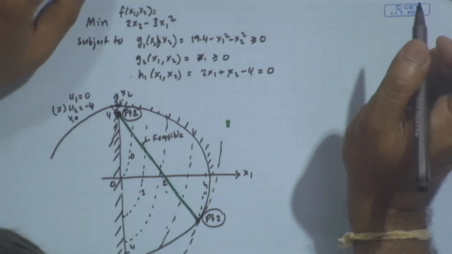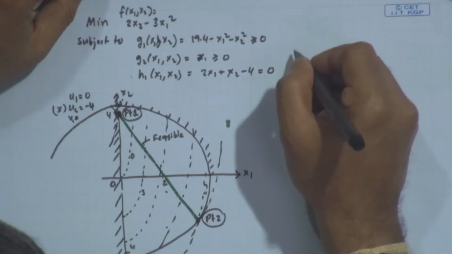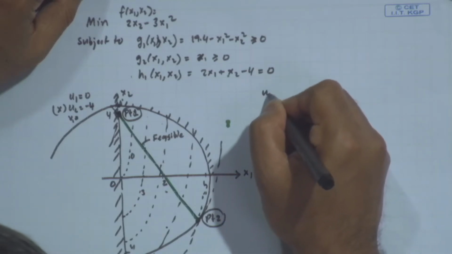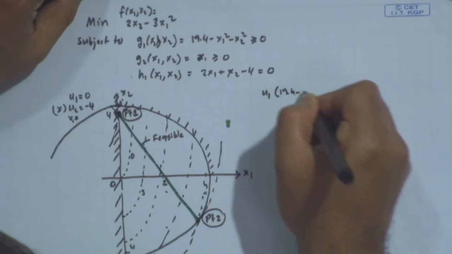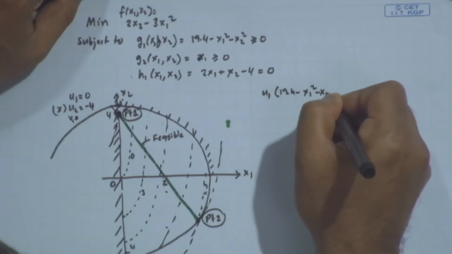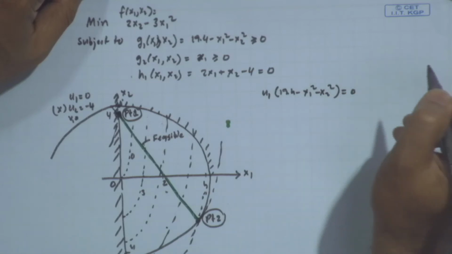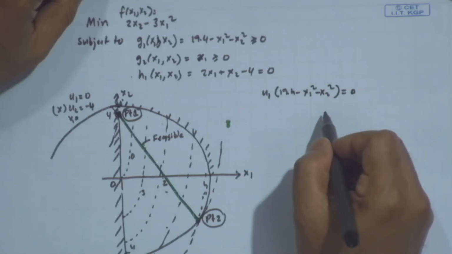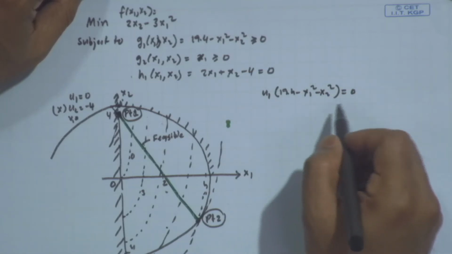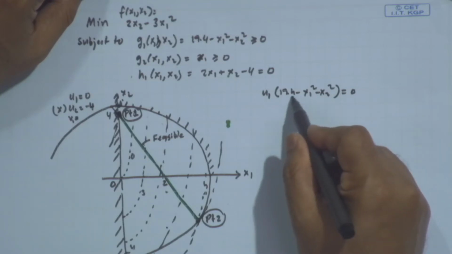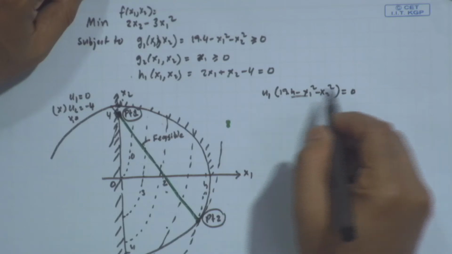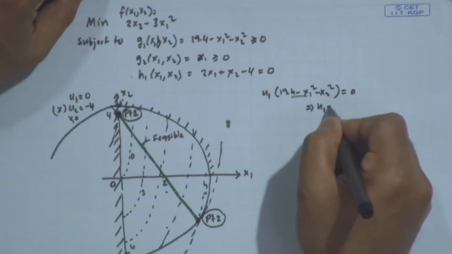At 0, 4, you have one of them that says U1 times (19.4 minus x1 square minus x2 square) equals 0, right? This is one of the complementary slackness conditions. So at 0 and 4, what's happening? This term is positive, so this says U1 has to be 0.